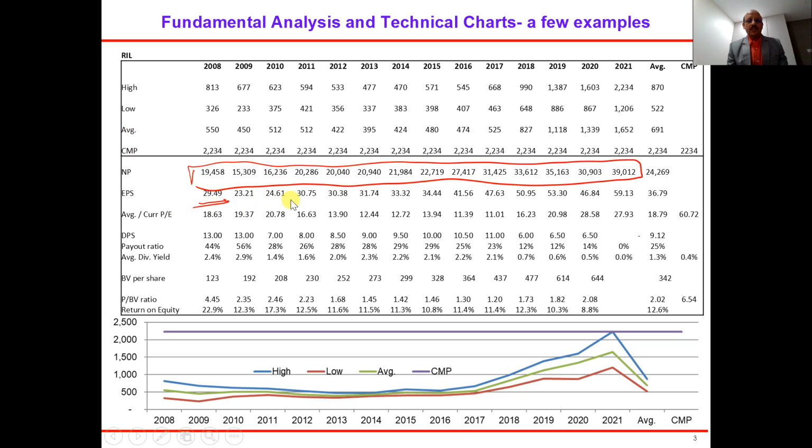When the company issues bonus shares, the number of shares goes up. So you have to convert the past EPS based on today's number of shares, so that you can make an apple to apple comparison.